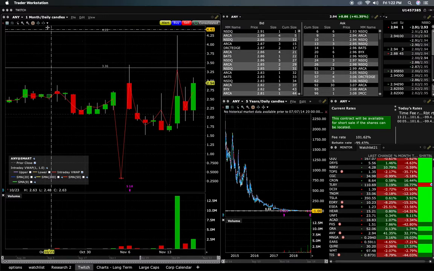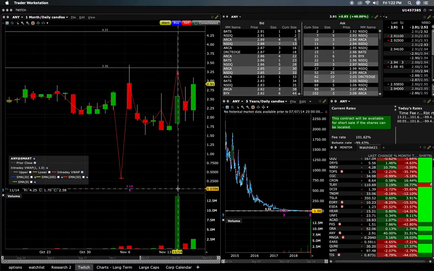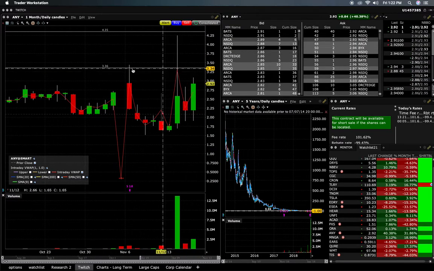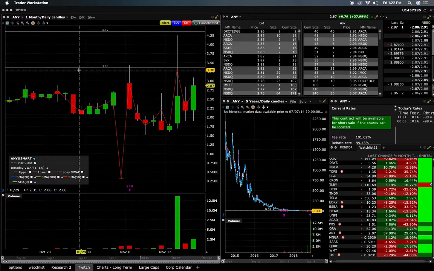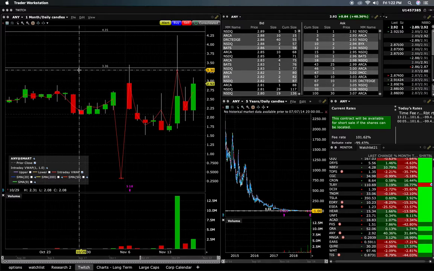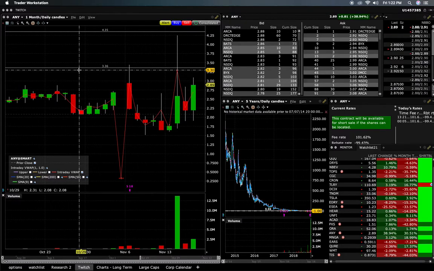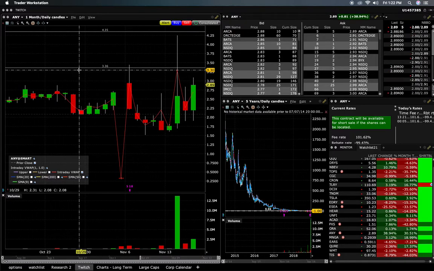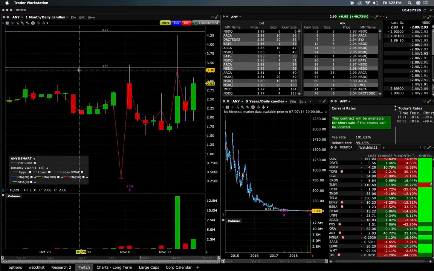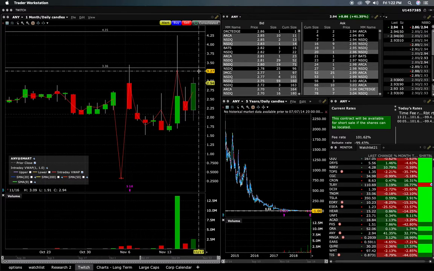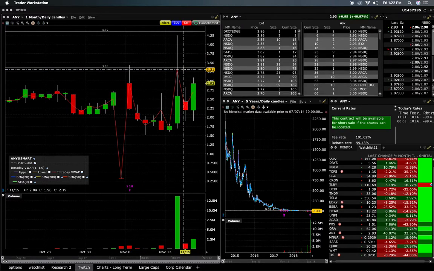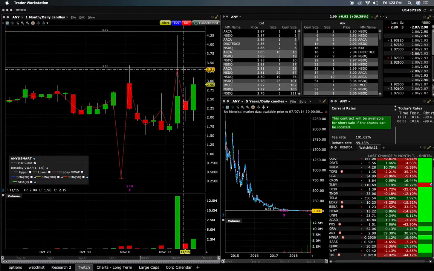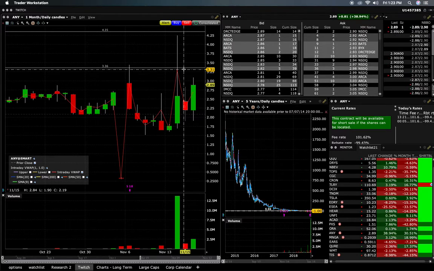So ANY's big volume day was just a few days ago, and the VWAP of that day is about $3.30. Me being primarily a short seller, I would be looking to enter ANY at 3.30 for a short position because this is the average price at which bag holders are going to be getting out break even.